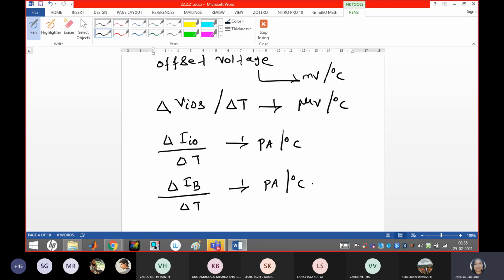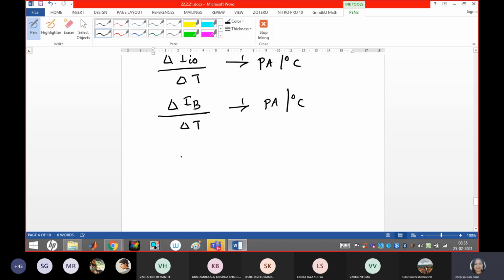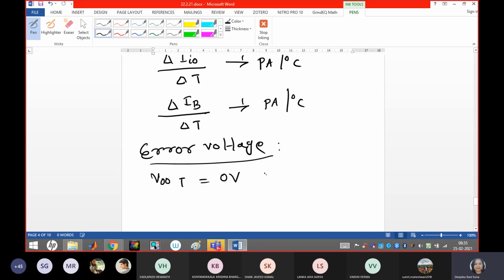Then the error voltage, the last parameter. Suppose the total output offset voltage VOOT is 0 volt at 25 degrees centigrade. Here we represent this VOOT as the error voltage.